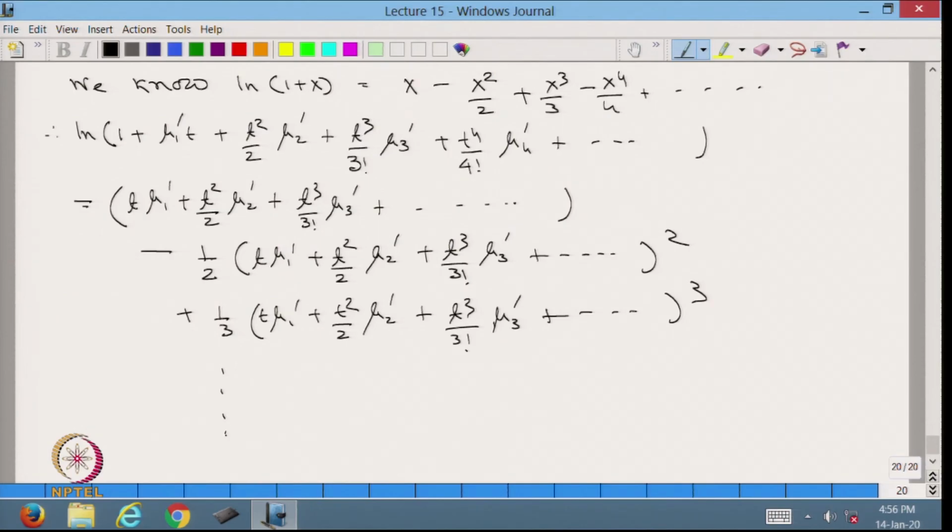Like that, we can have the infinite sum.